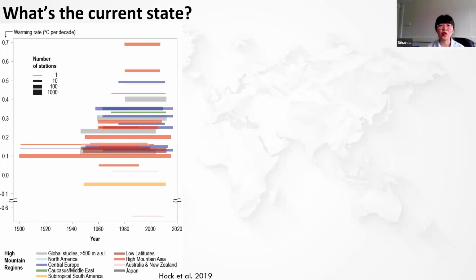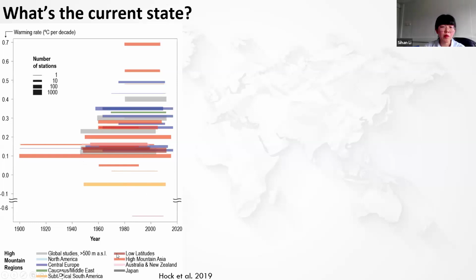Each line refers to a warming rate from one data set, calculated over the time period indicated by the horizontal extent of the line. The colors indicate the different mountain ranges being studied, and the thickness of the line represents the number of observation stations that went into the study.